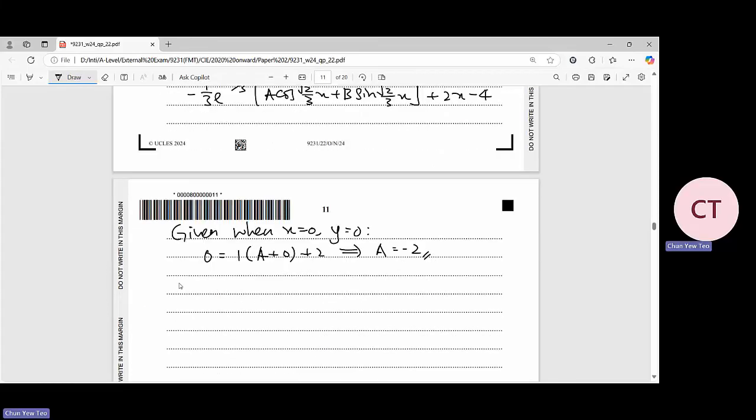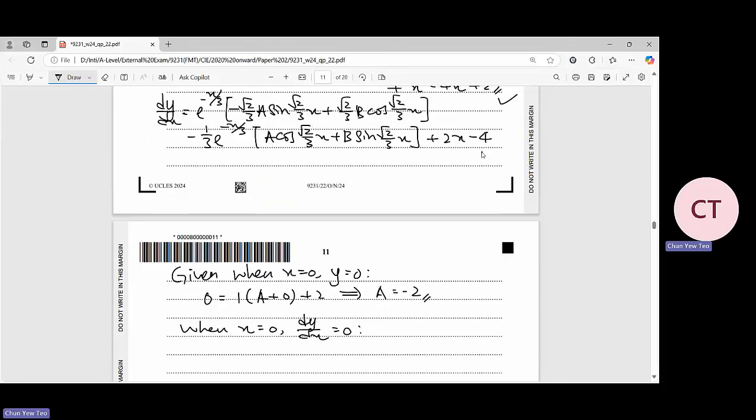Okay. Then also given that when x equals 0, my dy/dx is also 0. So this time I will be using these equations. Change dy/dx to 0, and this one is e power 0. This one is 0 plus 2 over 3 b, and then plus negative 1 over 3 times a plus 0, and minus 4.